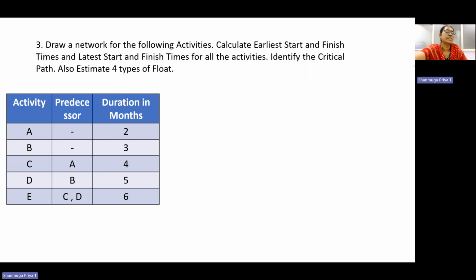First, A is an activity, B is also an activity, which do not have a predecessor. So I will start here.